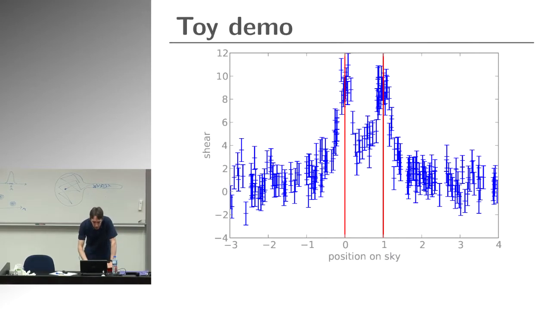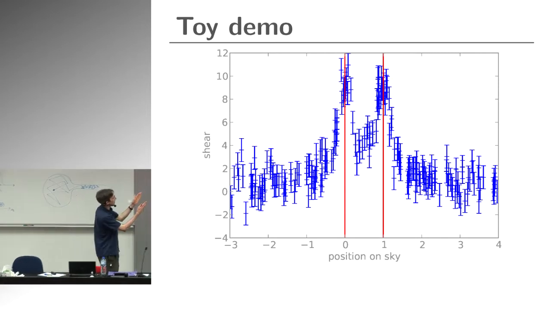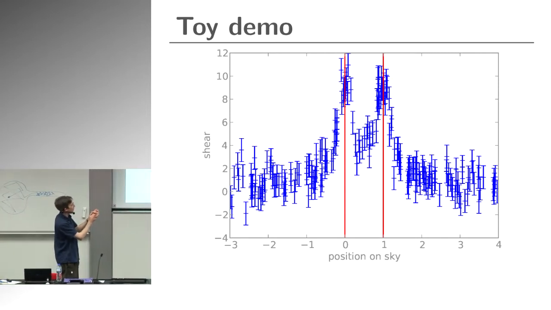And here's why. Here's a version of the problem in 1D. So the sky is now the x-axis, it's a one-dimensional sky, and we're observing sheared galaxies where the shear is measured on the y-axis. So here, the truth is there are two halos, and they're at 0 and 1.